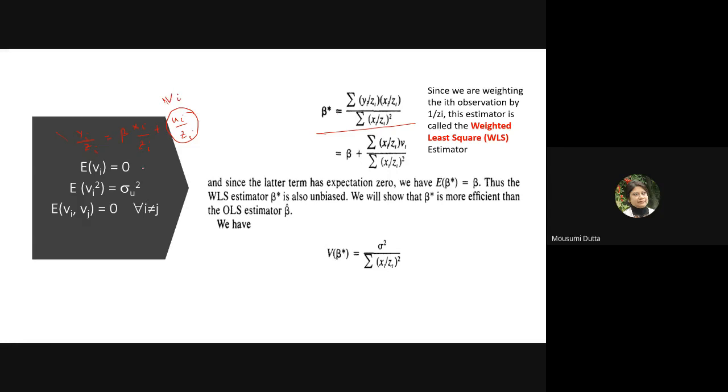So I have made the assumptions. Expectation of vi will be expectation of ui by zi, so that will be 1 upon zi expectation of ui. So that will be equal to 0.